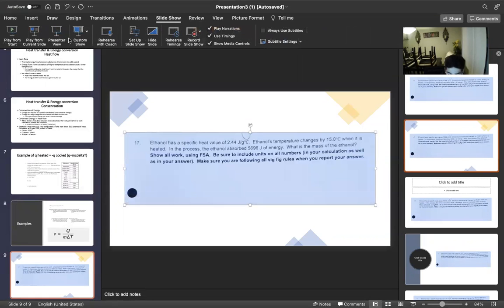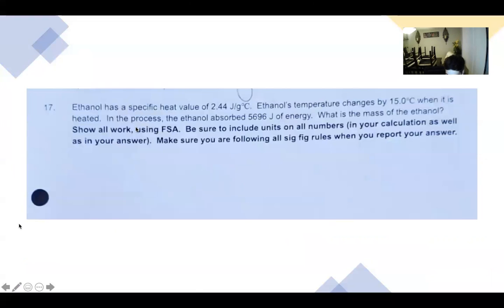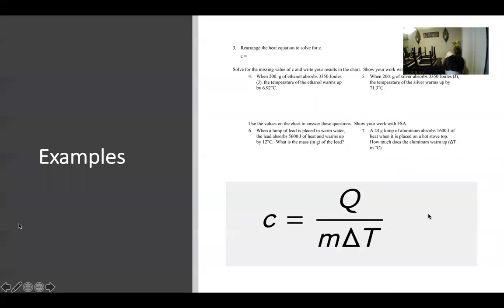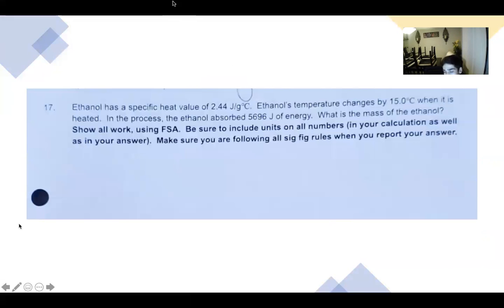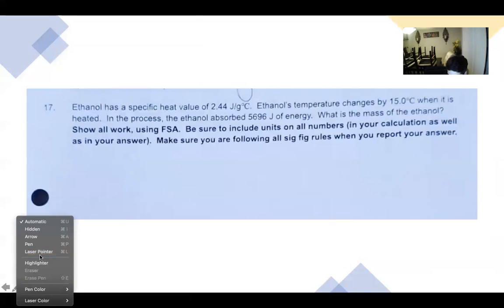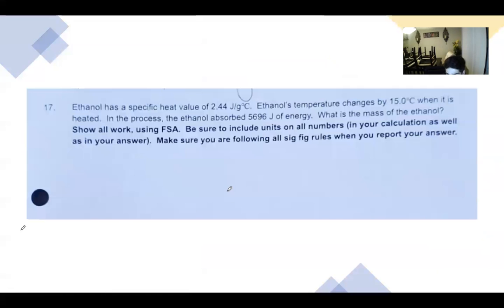All right, like what we were saying earlier, remember this from last time? Yeah, this I do. You're just literally switching things around, because now you're looking for mass. Last time you were looking for specific heat, right?